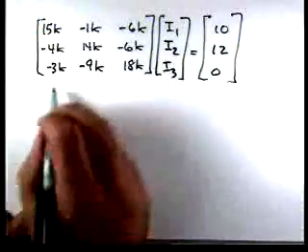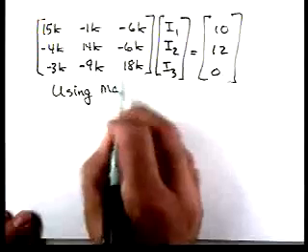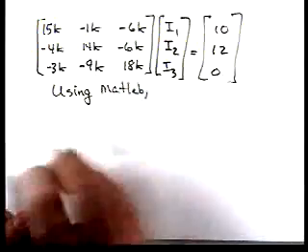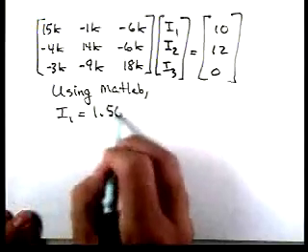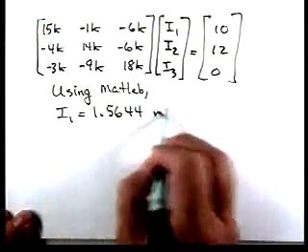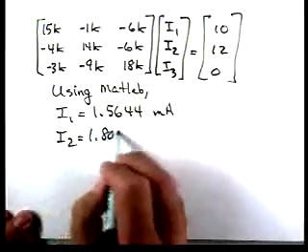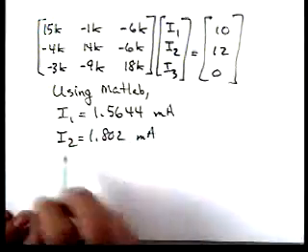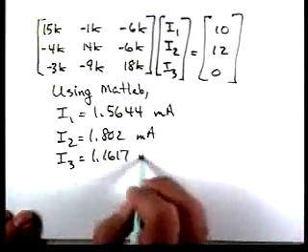So using MATLAB, here's our answers. I1 is 1.5644 milliamps. I2 is 1.802 milliamps. I3 is 1.1617.